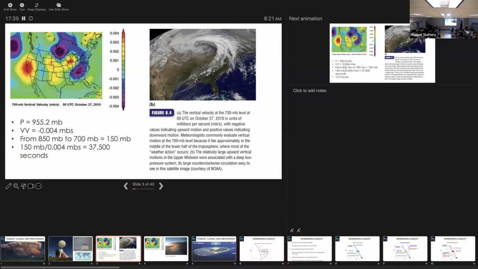Everybody with me? So we come into the storm and we say, all right, someone's at 1.5 kilometers, someone's at 3 kilometers. Over that 1.5 kilometers, the vertical velocities here were 0.004 millibars per second.